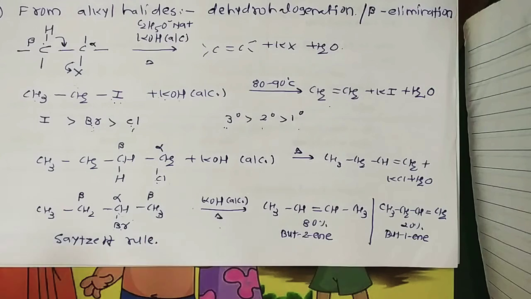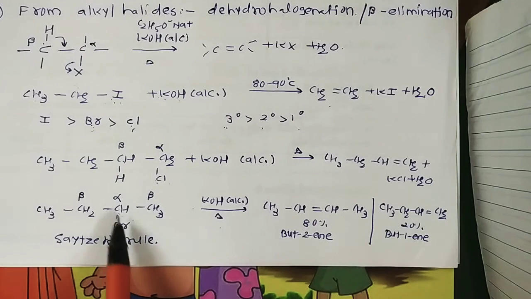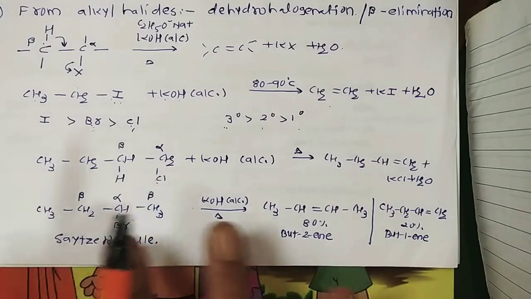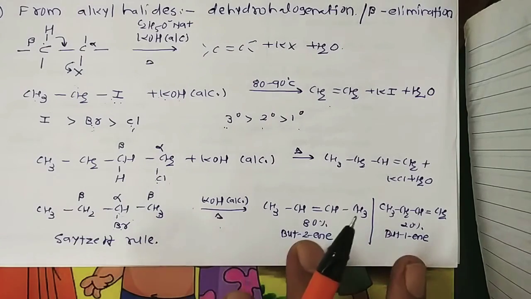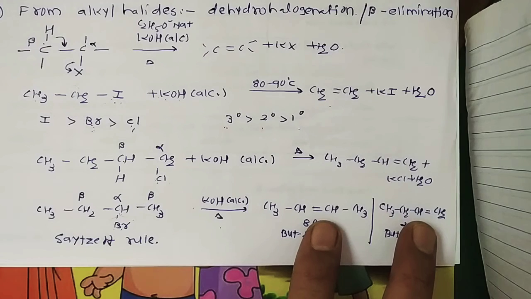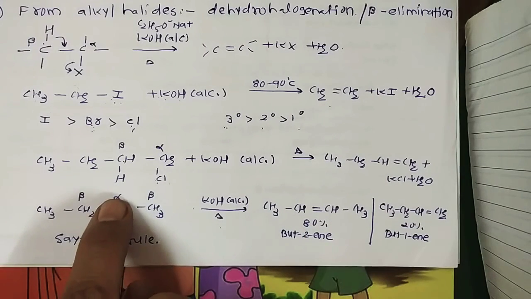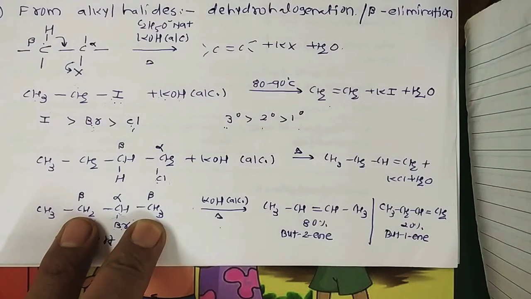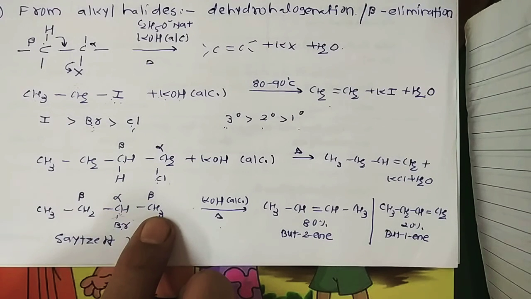It's a very simple reason, because the mechanism of these reactions goes through a carbocation. In this case, if we remove bromine, it's a secondary carbocation. So in both cases, it's a secondary carbocation. But this secondary carbocation has two different positions, while the other has only one.